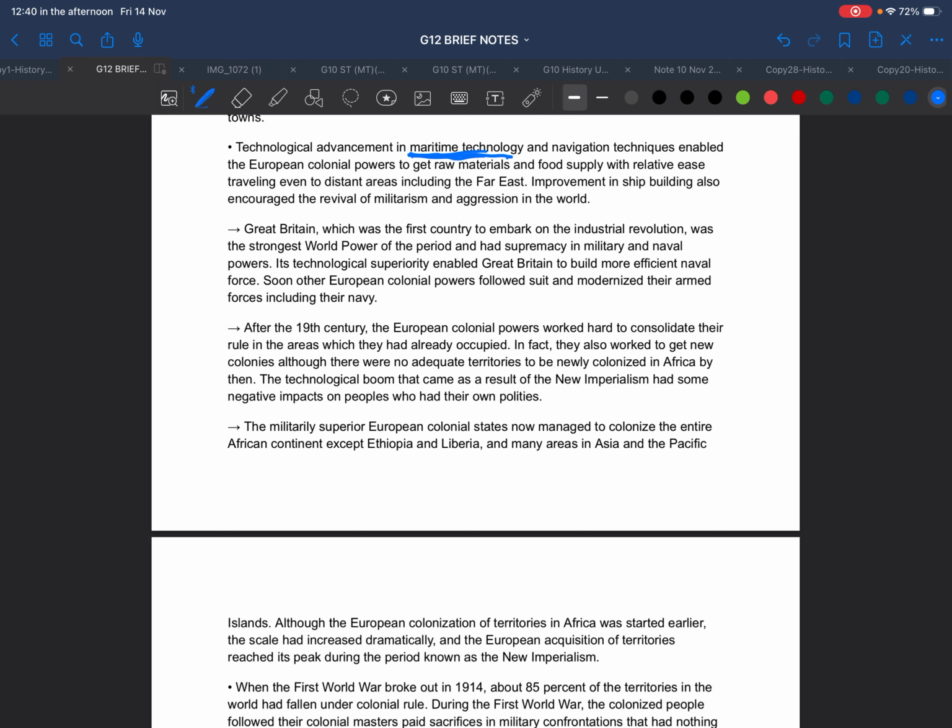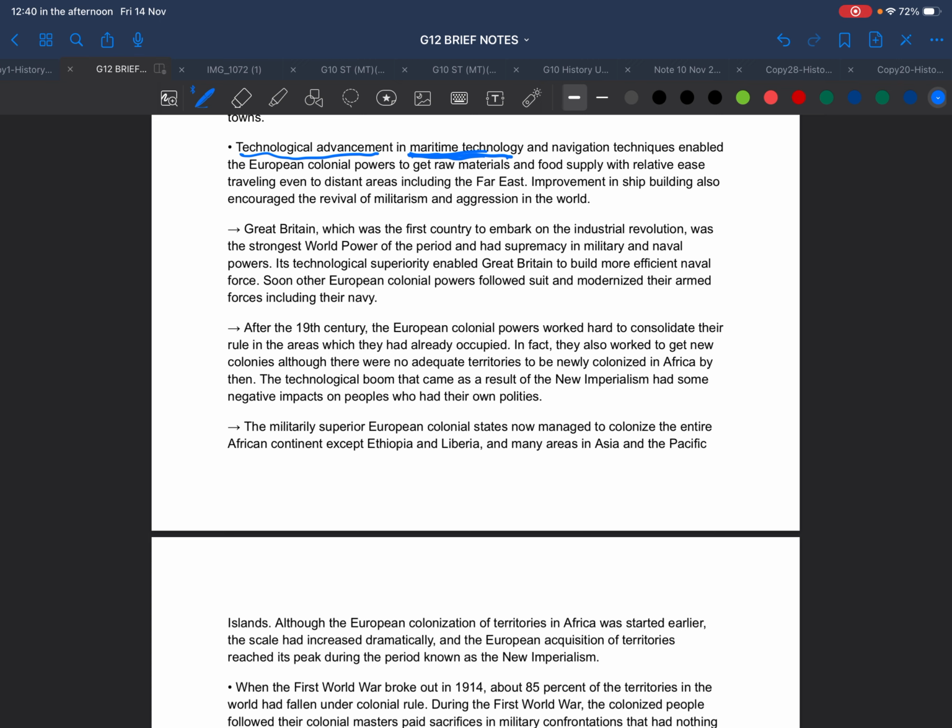Maritime technology played a decisive role, because the technological advancement in maritime technology enabled the European colonial powers to get control of raw materials and food supply with relative ease. It was the simplest way to travel even to distant areas, including the Far East.